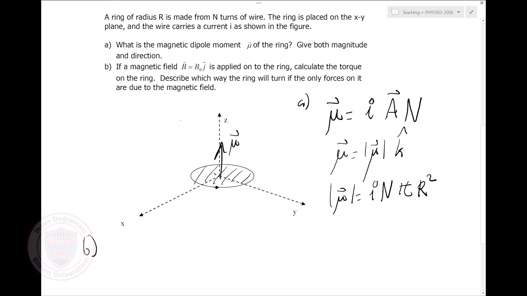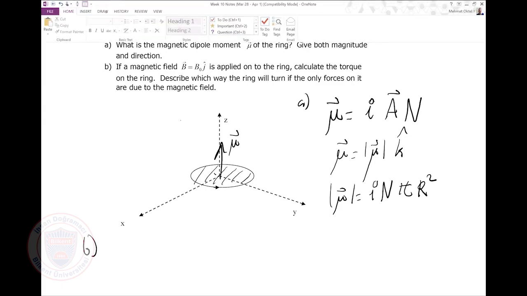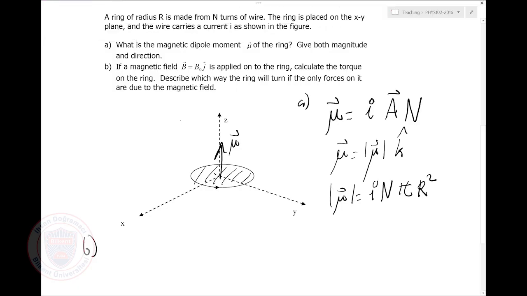If a magnetic field B0 J hat. So which way is the magnetic field pointing? It's in the y direction. So the magnetic field is essentially like this. Calculate the torque on the ring.